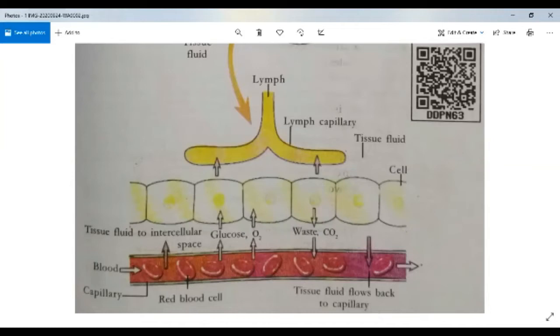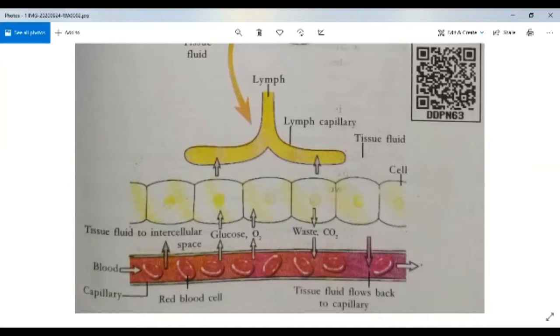Okay, so from the blood, glucose and oxygen move to the tissue fluid, and from the tissue fluid they move to the cell.